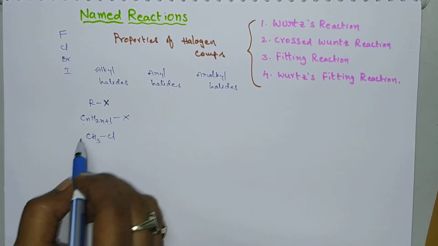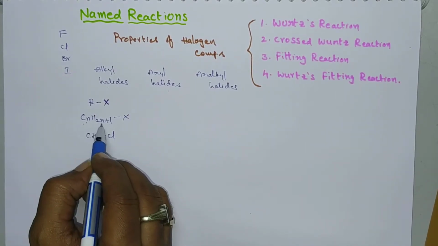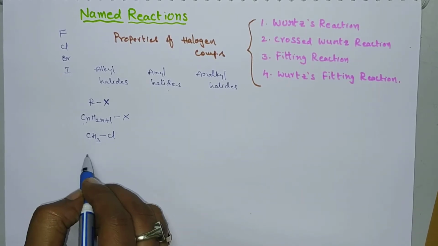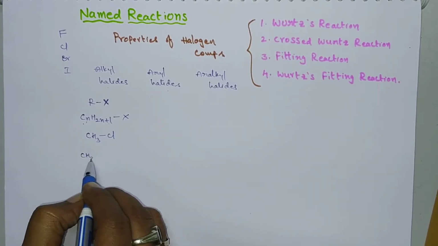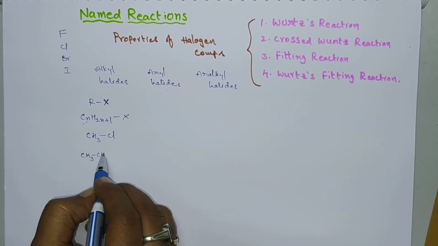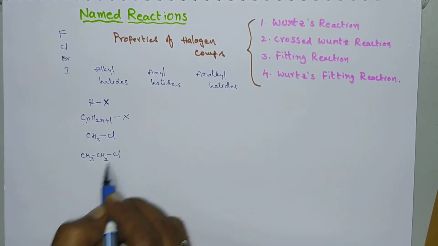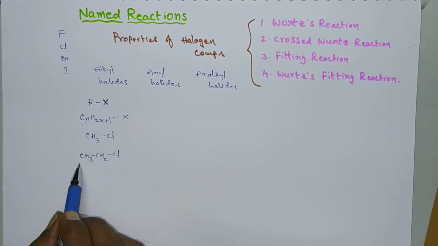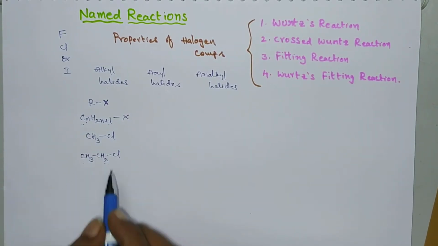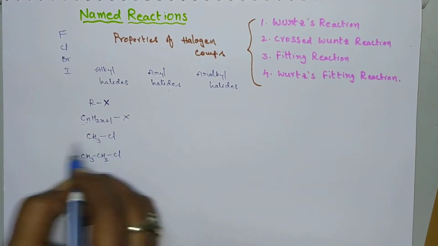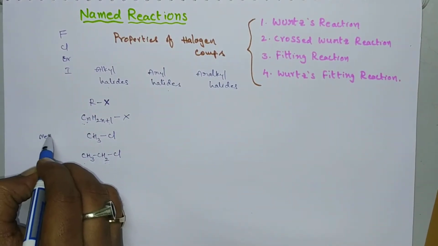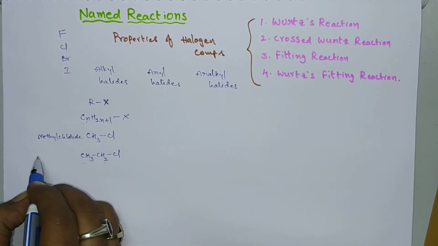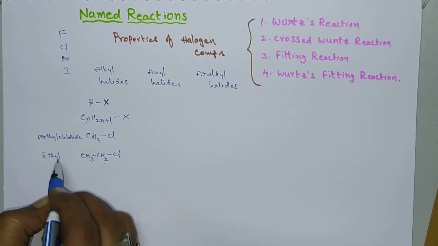If n is equal to 2, we get C2H5Cl, which can be written as CH3CH2Cl. CH3Cl is called chloromethane or methyl chloride, and C2H5Cl is ethyl chloride.